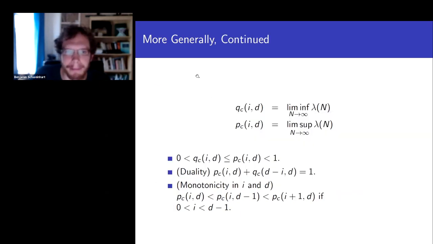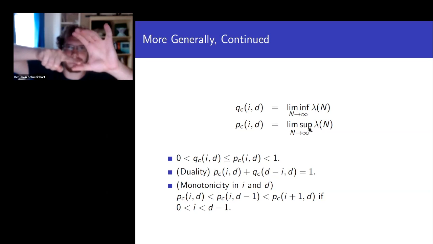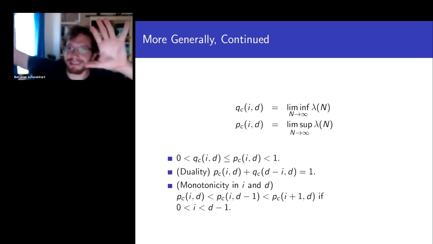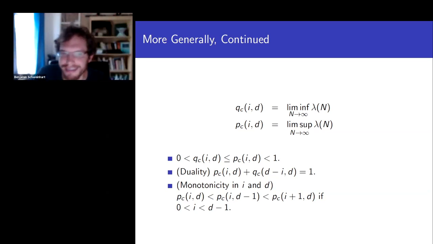Even when we can't show the existence of a single PC, we can show some partial duality results. In particular, we take our threshold function and look at the lim inf and the lim sup. Away from half-dimensional percolation, it could be bouncing up and down in some window. But we can show pretty simply that the lim inf and the lim sup are bounded away from 0 and 1. And we can show the partial duality property that PC plus QC equals 1.